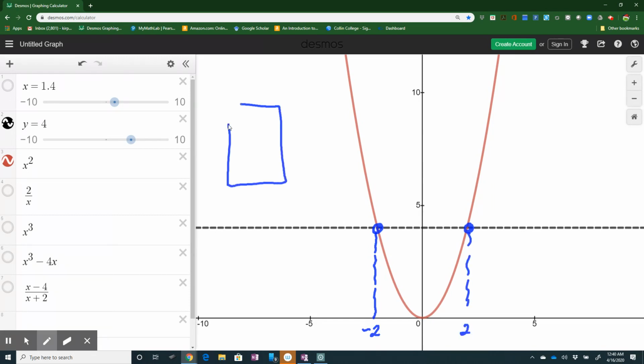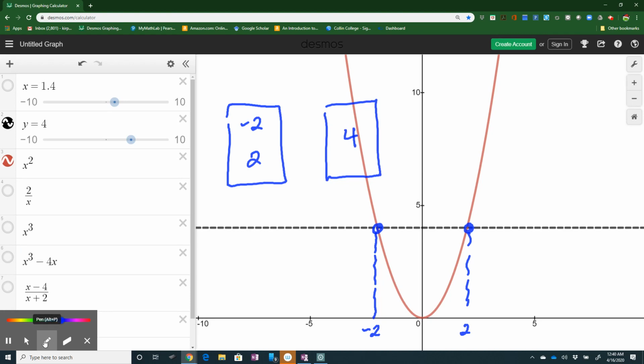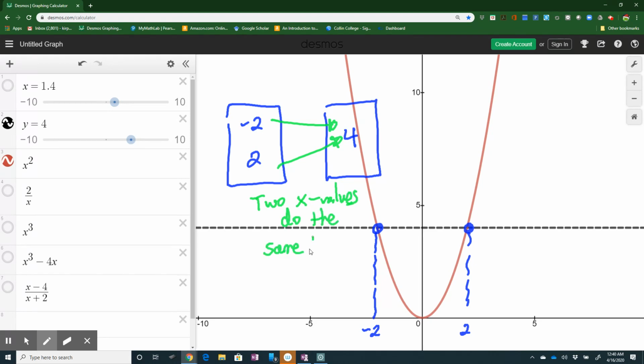So if the answer is 4, notice that we end up with 2 x values doing the same thing. And thus we would say it's not one-to-one. And so in short, if it fails the horizontal line test, it's not one-to-one.